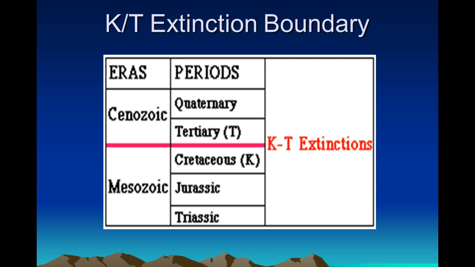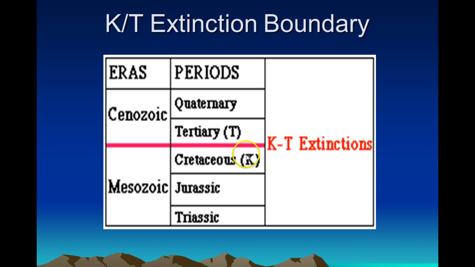Now write that 65 million years ago, the Earth experienced a global mass extinction event, meaning that this is when the dinosaurs disappeared. Also write that this particular extinction defines the boundary between the Cretaceous and Tertiary periods that you see here. This is abbreviated the KT boundary, Cretaceous and Tertiary.